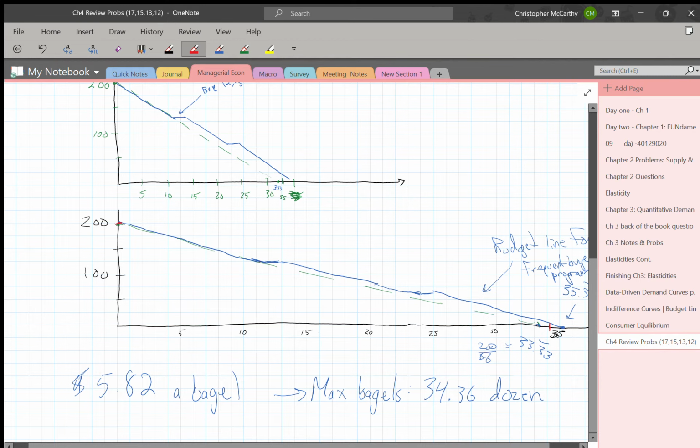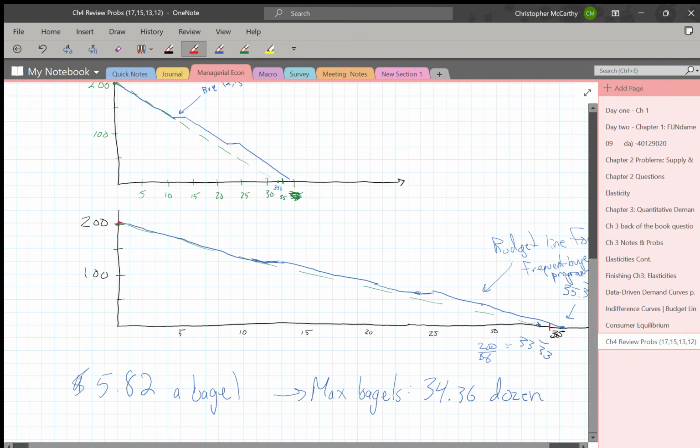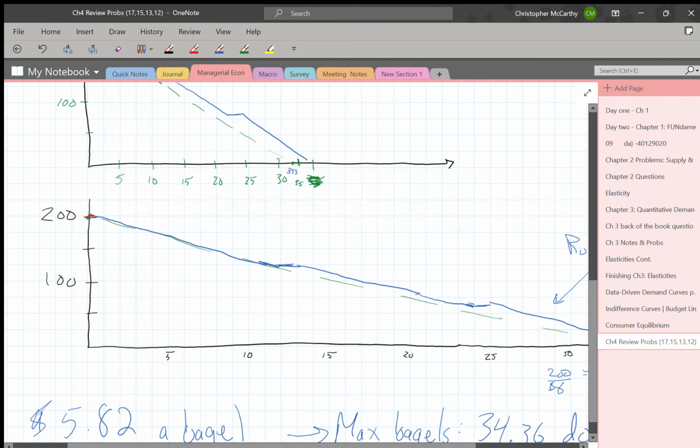But then, wait, it's going to be above it. I'm like, wait a second. So it's going to be above it. So this is the green line right here. Let's draw the green line solid. Green line, which is our baseline.